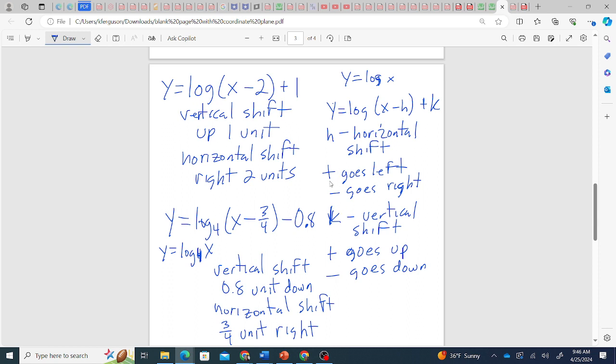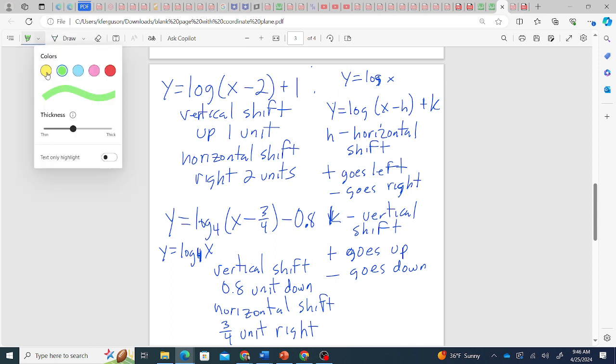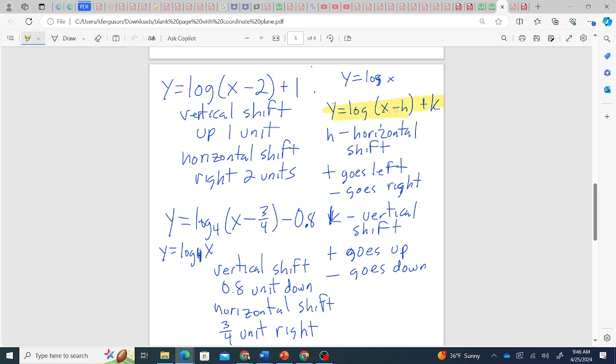Sorry, when you were talking about that, I didn't understand. This right here was what you asked me for. You said give me the rules, so there you go. H and K, if my general equation looks like that.